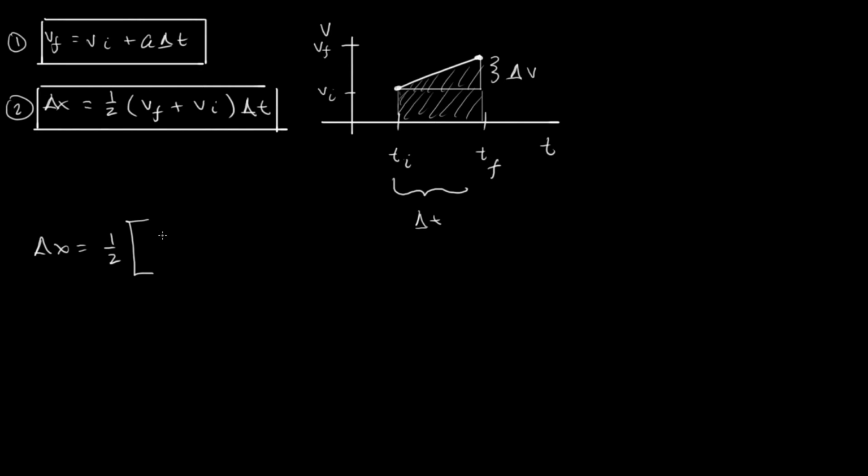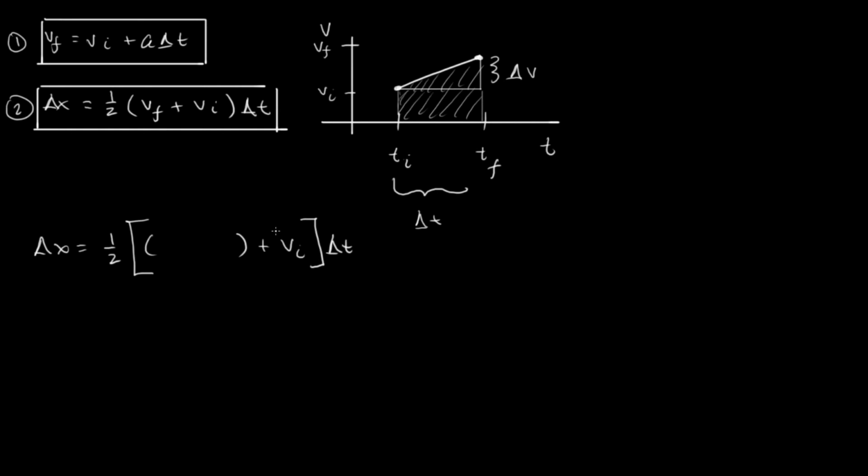So v sub f is going to be this v sub i plus a delta t. So it's going to be some stuff plus another v sub i, and that's going to be times a delta t. Okay, so you see how I did that. I took the delta t and put that on the outside. The 1/2 is on the outside as well. The brackets are essentially these parentheses here.